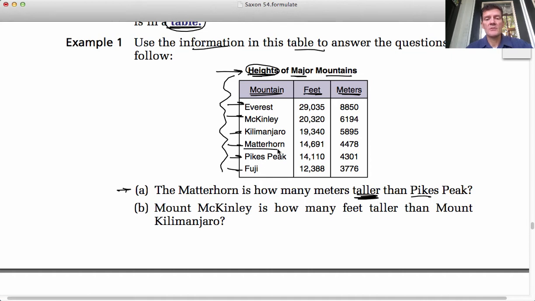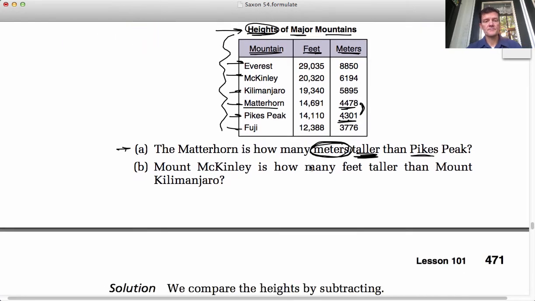So we look at the Matterhorn, and it's asking in meters, so read that carefully. Matterhorn is 4,478, and how much taller is that than Pikes Peak? Here's Pikes Peak, 4,301, so you would need to subtract those two numbers. I'll let you do that.